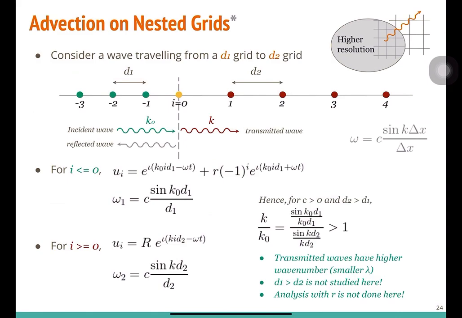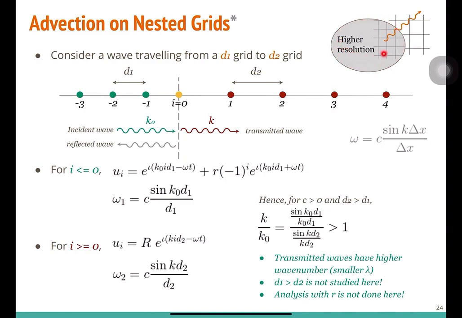Okay, so next we talk about the advection on nested grids. What does it mean by nested grids? I think I've explained this in the last portion of this lecture. If you have a nested grid inside the lower resolution model, you have a higher resolution model in here. By higher resolution, we mean smaller grid size because we have more representation in here.